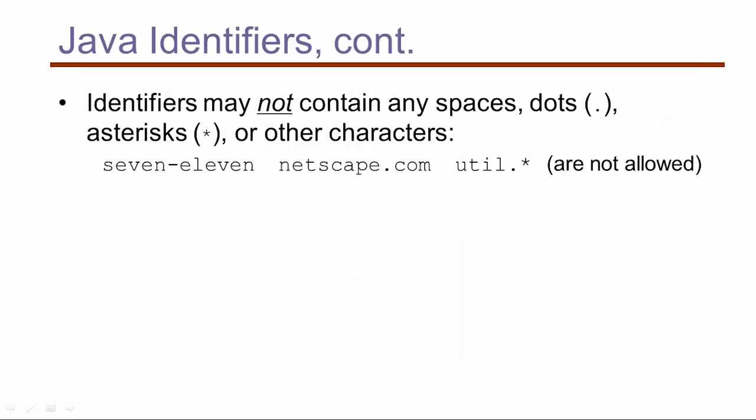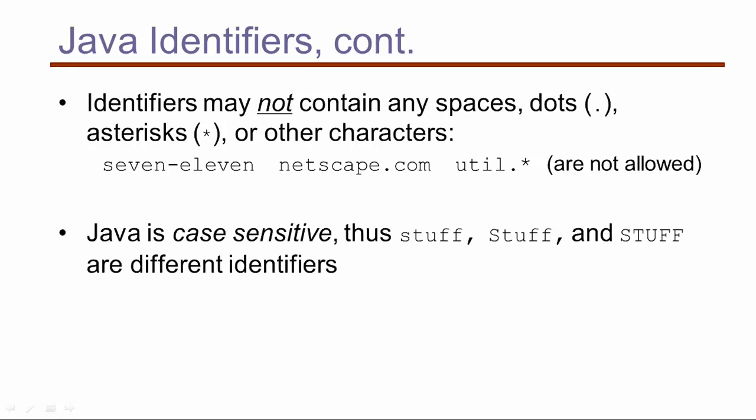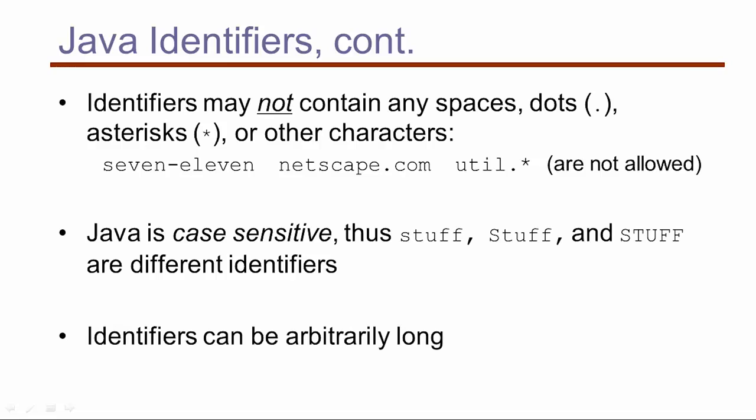These restrictions mean that you cannot use characters that are allowed in naming files on your computers, such as the space character or a dot or a hyphen. And Java identifiers are case sensitive, and thus a lowercase stuff and a capitalized stuff and an uppercase stuff are all different identifiers. And Java allows you to create identifiers that contain as many characters as you want.